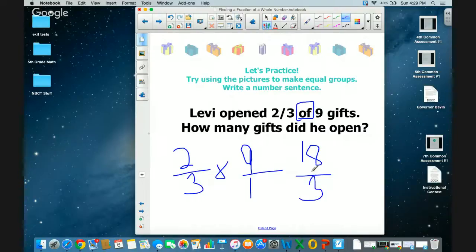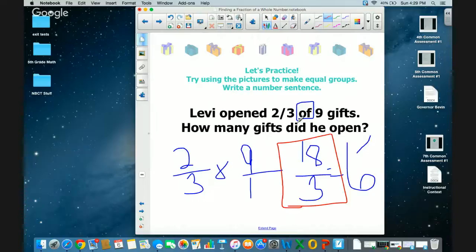Now that's improper. 18 divided by 3 equals 6 with nothing left over. So 6 is your answer. Remember, on the worksheet you get in a minute, this is not the right answer because you do not leave your problems as improper. This is the right answer.